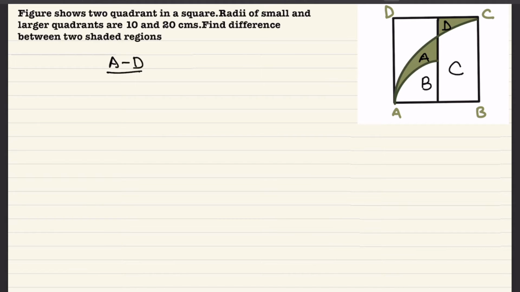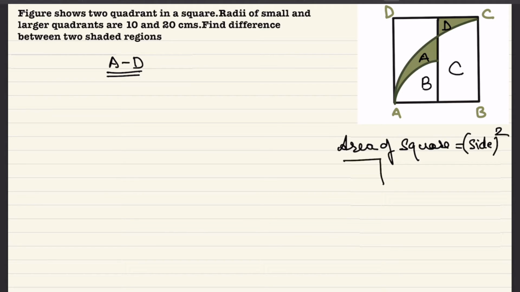In order to calculate A minus D, we will use the concept of area of quadrant and area of square. B is a small quadrant and this is a big quadrant. This is a square. Area of a square is given by side squared.